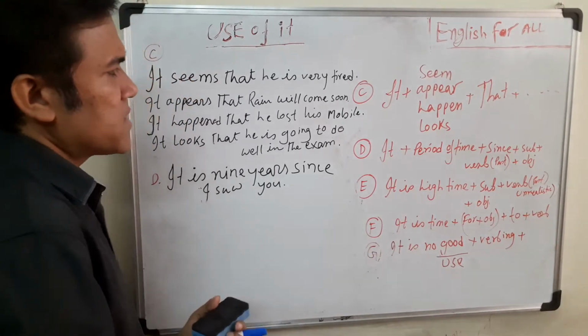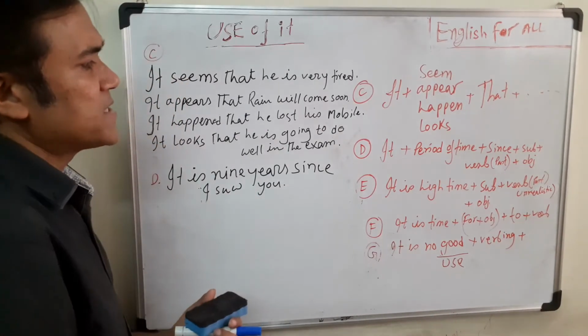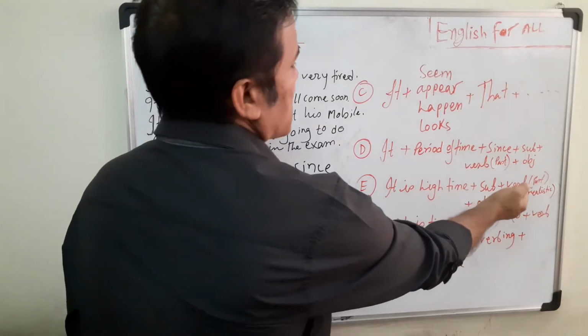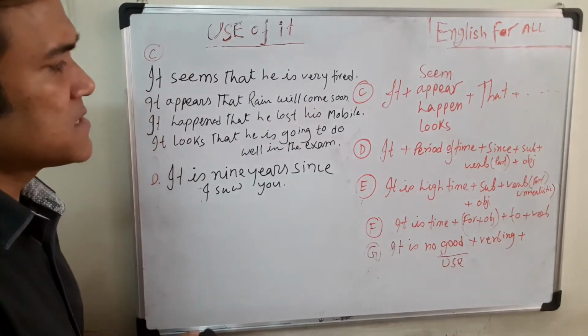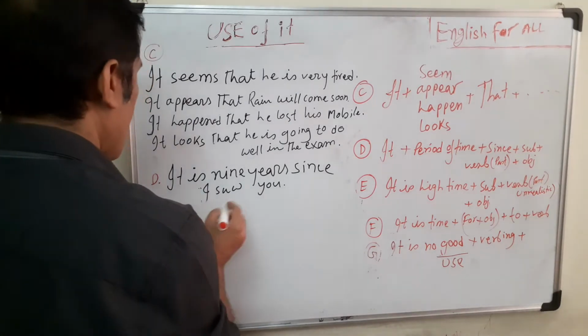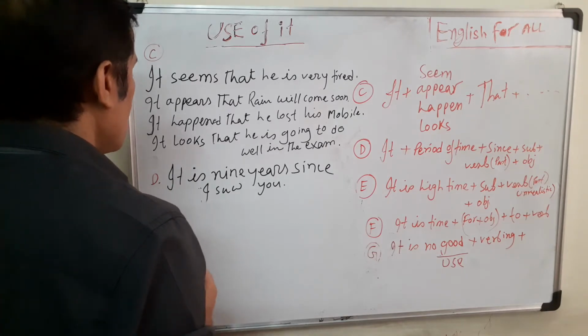Then go to the third structure. It is high time plus subject plus verb past form, but unrealistic, plus object. So how you can make a sentence using this structure, I'm going to show you. Let me give you an example.